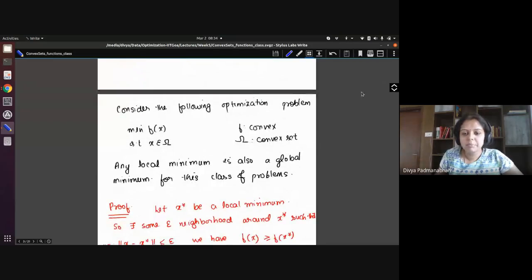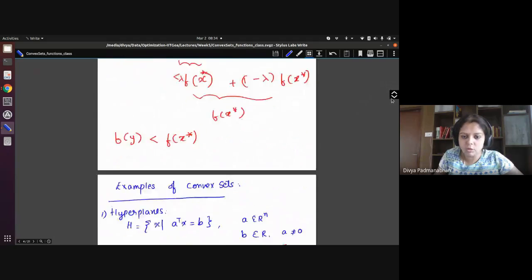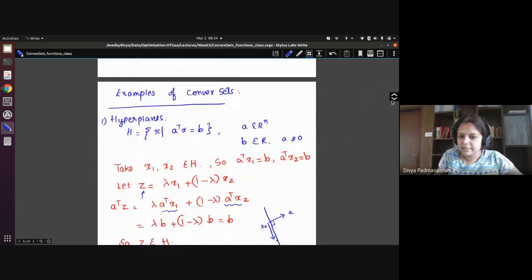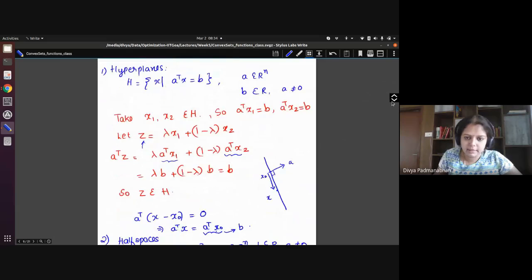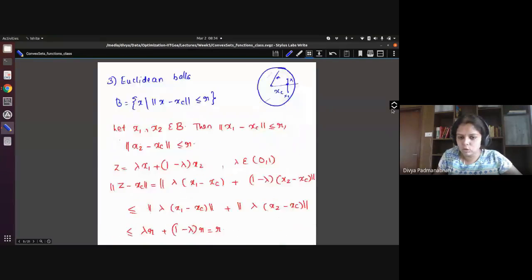We saw the important feature that for problems where the function is convex and you're trying to minimize it and the constraint set is convex, any local minimum is also a global min. That's what we saw. And we saw some examples of convex sets, hyperplanes, half spaces, and so on.